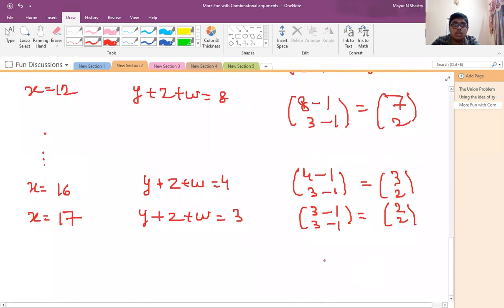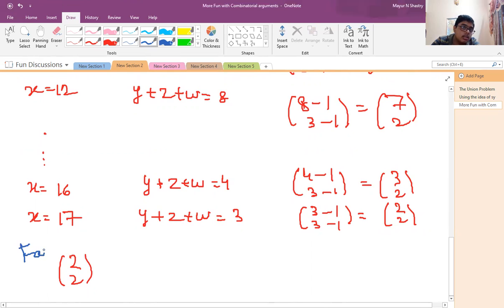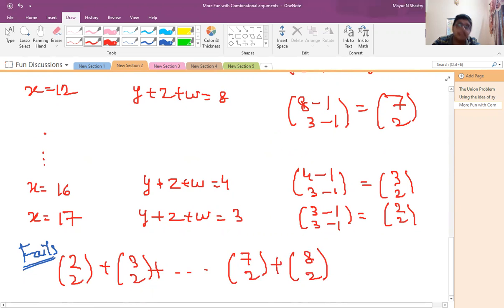So here we have this, which fails our condition. I'm writing for fails. This is important. Let me choose a different color to write fails, because it's important. Which fails, what's that? 2 choose 2, plus 3 choose 2, plus all the way up to 7 choose 2, plus 8 choose 2.